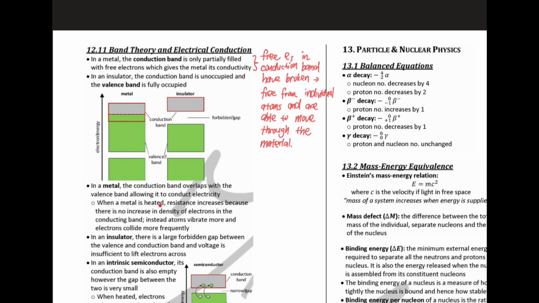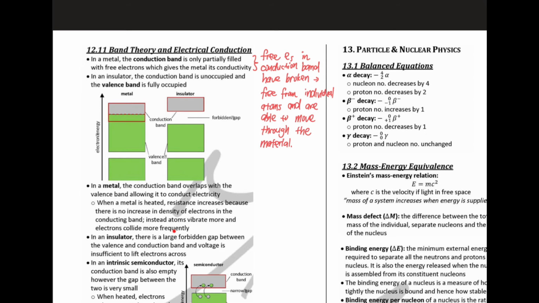When a metal is heated, resistance increases because there is no increase in density of electrons in the conducting band. Instead, atoms vibrate more and electrons collide more frequently. So what they are trying to say is, imagine when you heat up the metal, what happens inside the atom is like an earthquake, so they are vibrating more.